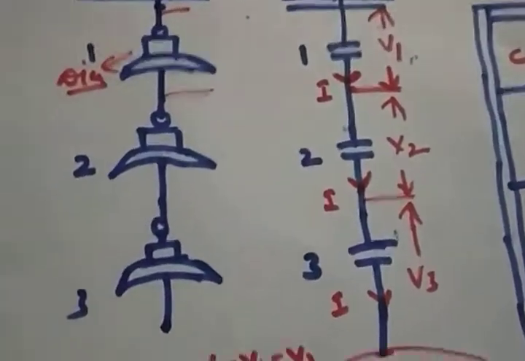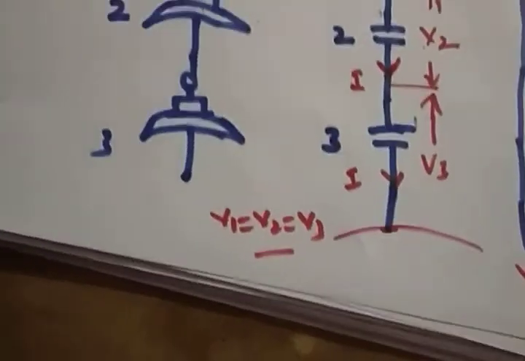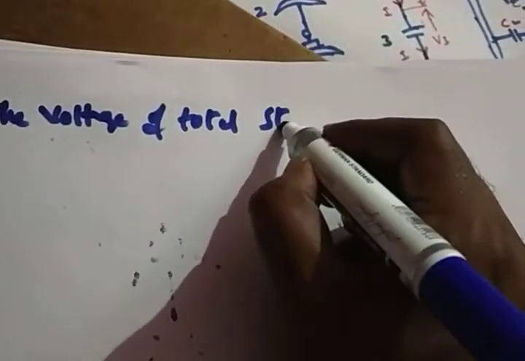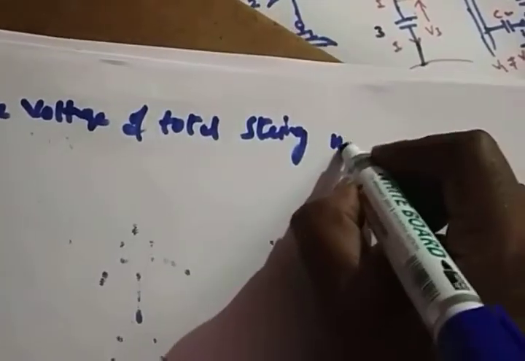So I'll note it down. What are the points that we got till now? First point: the voltages of the total string are not uniformly distributed.